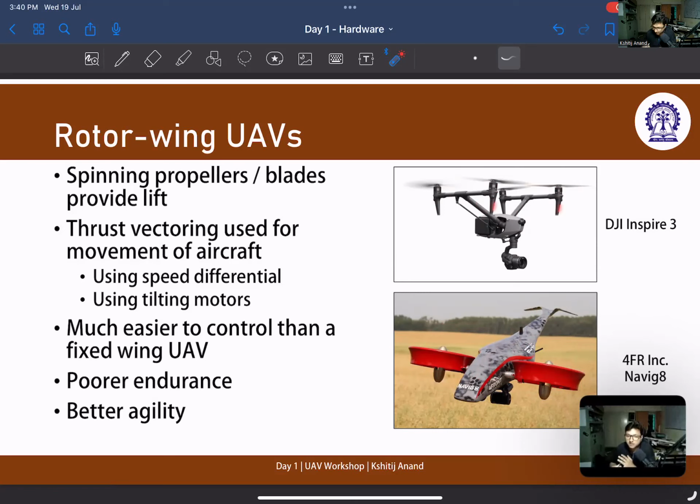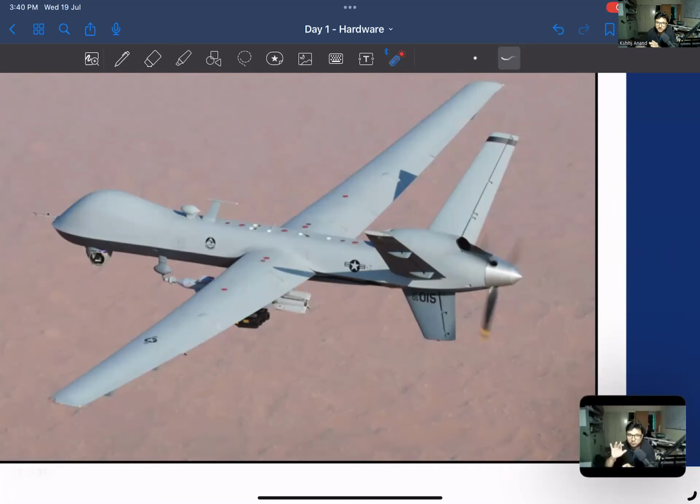If you look at these fixed wing UAVs, to make it tilt, there are these ailerons here which are blended into the wing right now. You don't see them, but one goes up and the other goes down to make it tilt in one direction. Then there are V-tail rudders, which also act as an elevator. And this is a plane rudder.